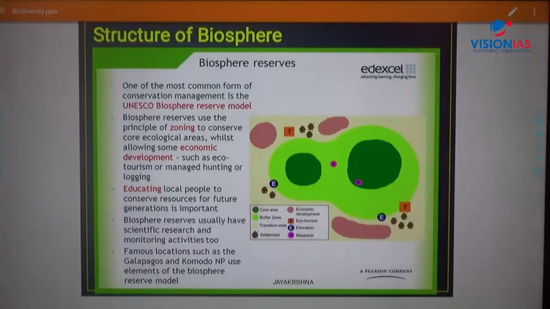These are the three zones of biosphere reserve.